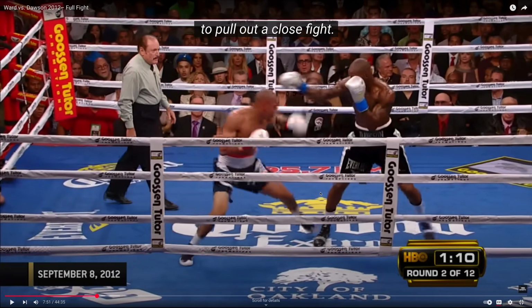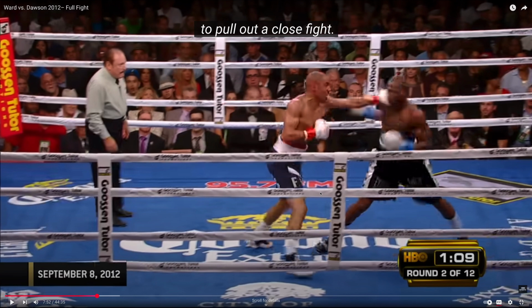So this is a different way for Ward to do the same thing that he was doing, which was get into that outside foot to try to get into a lead left hand for him. Dawson is trying to do the same thing. When Ward jumps in, he wants to go ahead and lay a lead right hand for him.